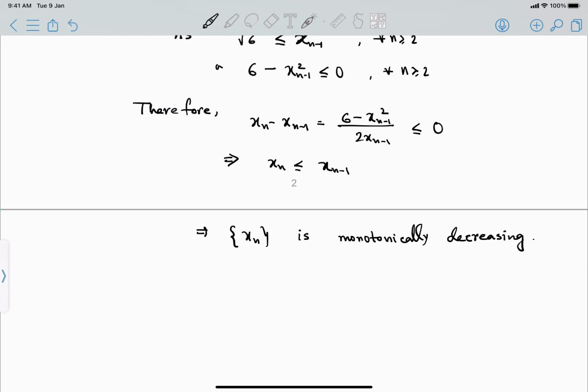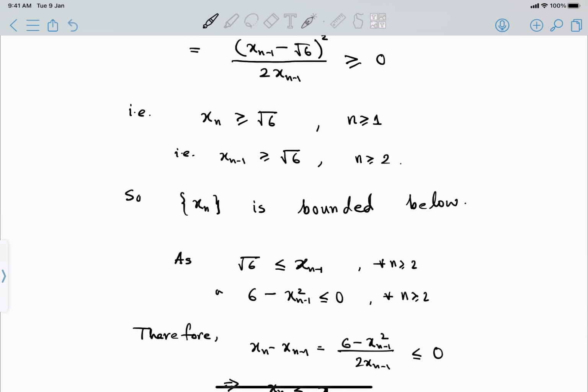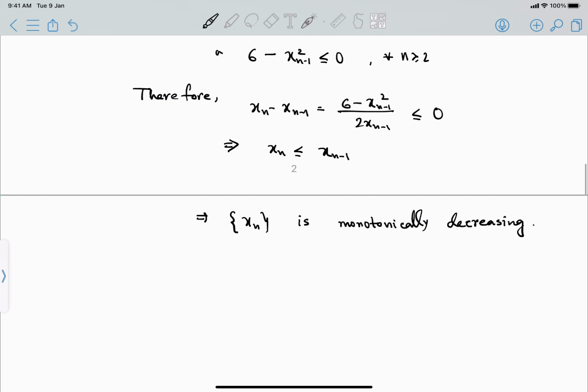So x_n is monotonically decreasing, and we have shown that it is also bounded below, so x_n will converge.